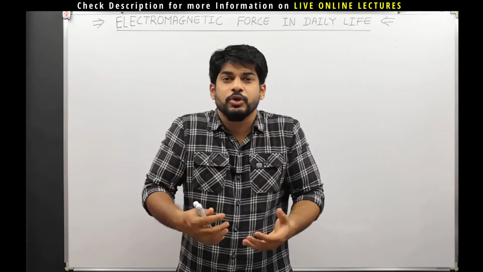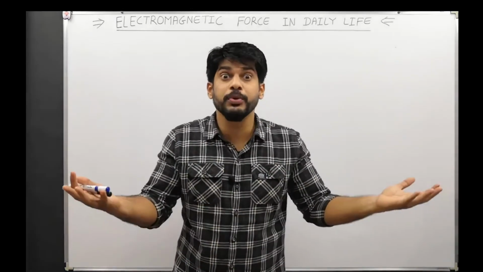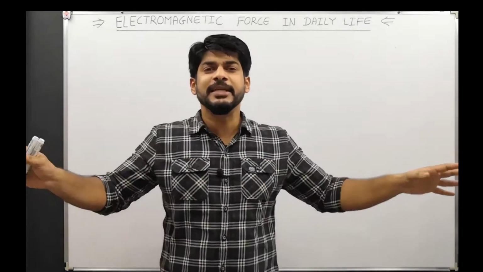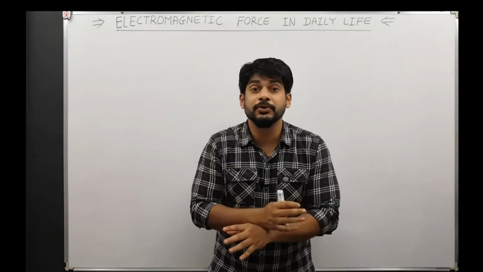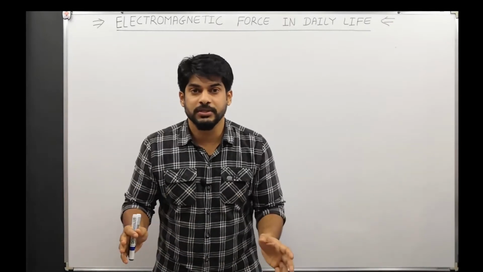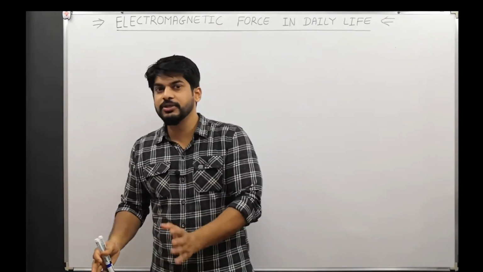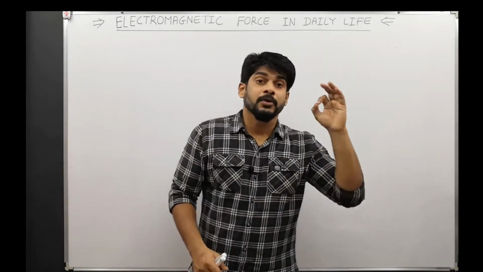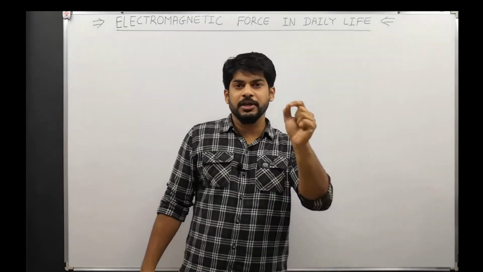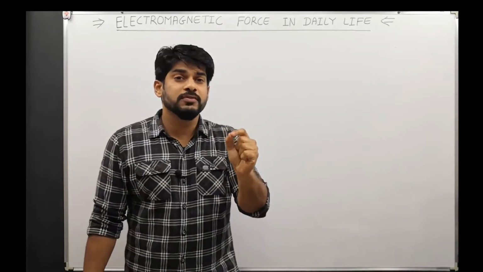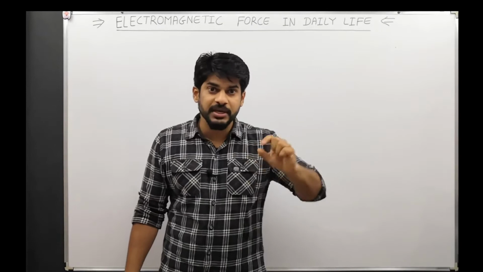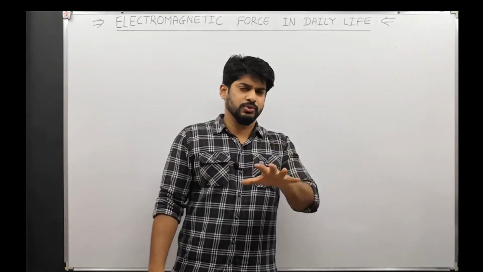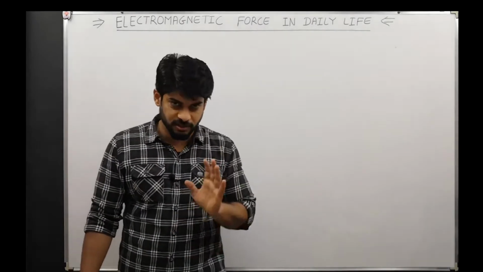The microscopic domain is completely dominated by electromagnetic forces. Yes, there are other forces also, like the strong nuclear force and the weak nuclear force, which we will see later. But electromagnetic forces are the ones which dominate the microscopic area. That was pretty much clear in the last lecture also.